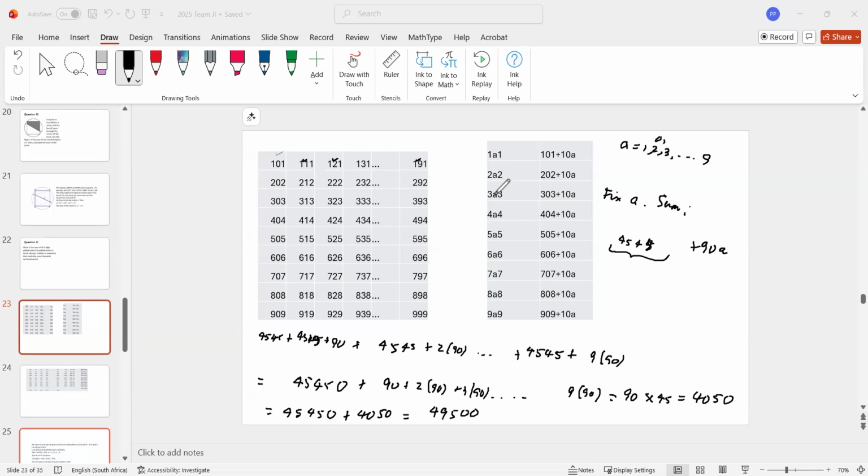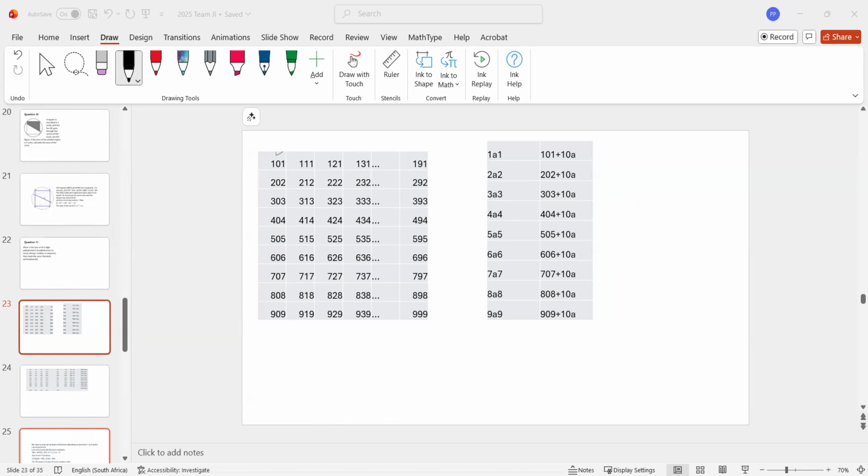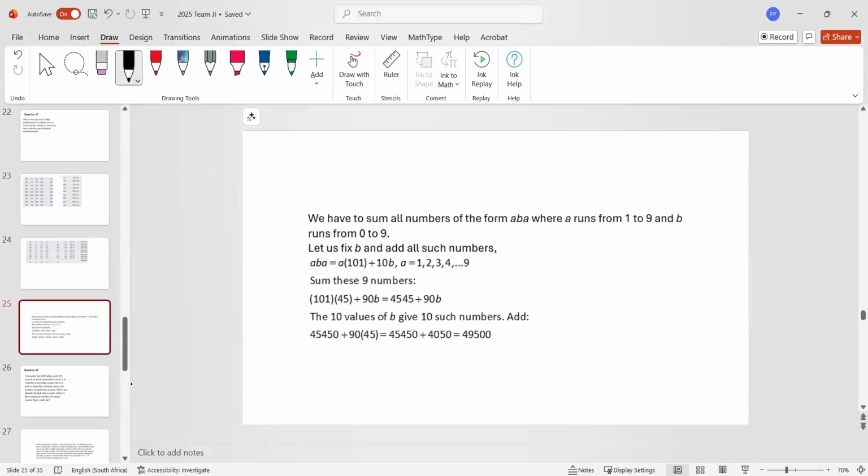If you had horizontals, then you have to look at all the horizontal sums and add them. You should get to the same answer. That'll be a nice exercise. If you try to add horizontally and see what happens. Oh, there it is. So the answer is 49,500, and that is the same answer that I got. So I'm okay.